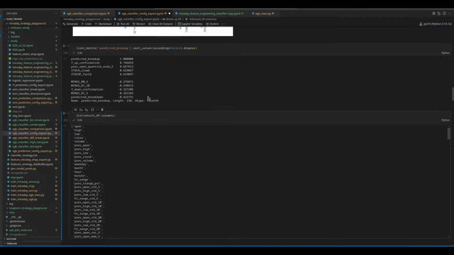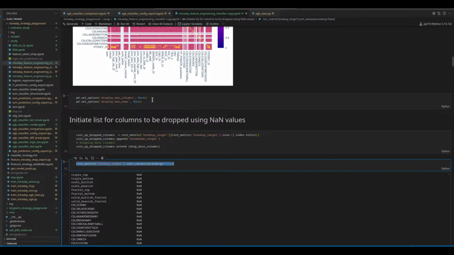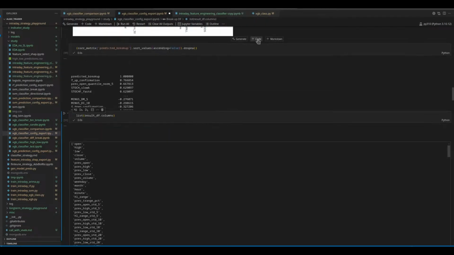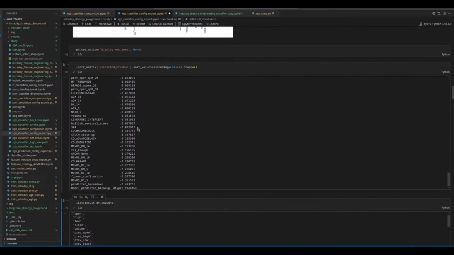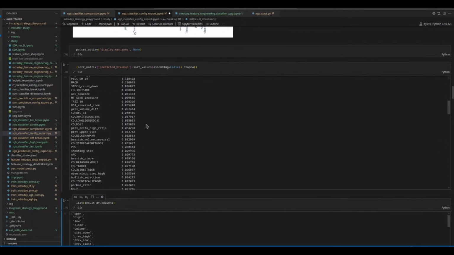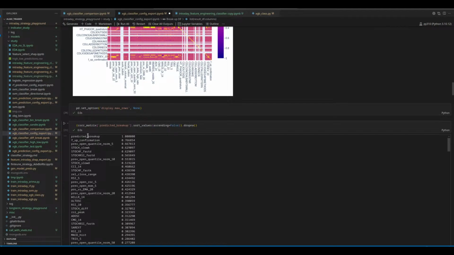Breakup, predicted breakdown, confirmation. Okay, max rows. I would need to use this. Okay, now I have the clearer list. So confirmation is nothing but a derivative of the predicted breakup.